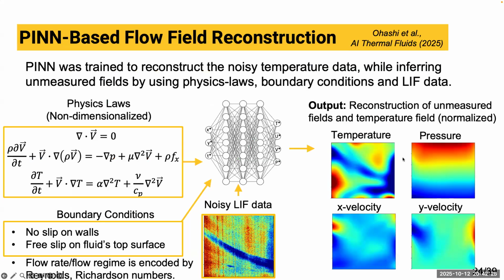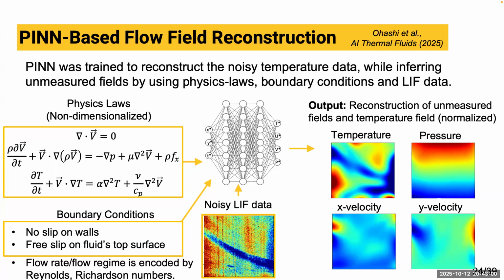Okay, so for this problem, we again train PIN like this. PIN takes the x, y, t input variables, and it predicts the temperature and x, y velocity and pressure fields. PIN is constrained by the continuity, x, y momentum, and energy equations, and additionally constrained by the boundary conditions such as no slip on walls and free slip on the fluid's top surface.